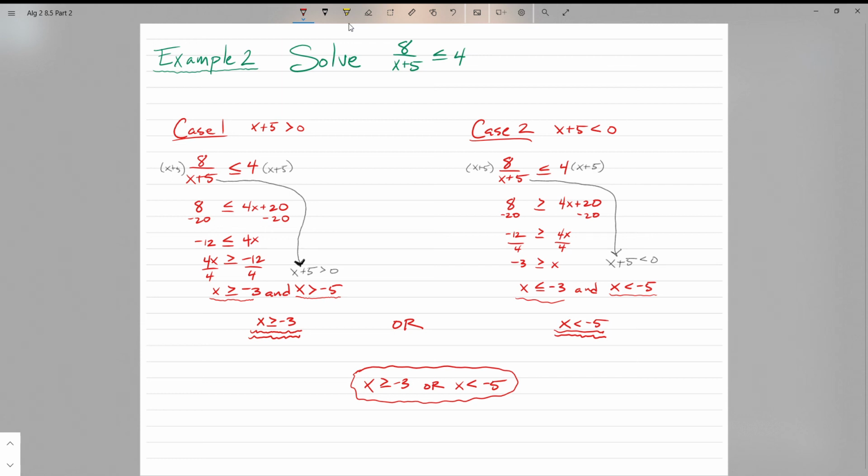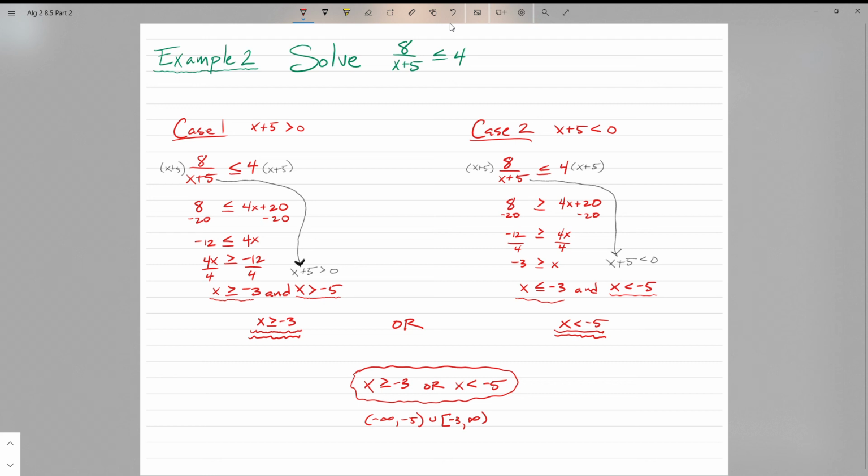X is less than -5 would be written as -infinity up to -5 parentheses, or greater than or equal to -3. Oh, excuse me, that would be a bracket at -3 to infinity. So you could write it however you wanted to, but you would find that this matched up with the graph. So this is the setup for how you solve it algebraically.